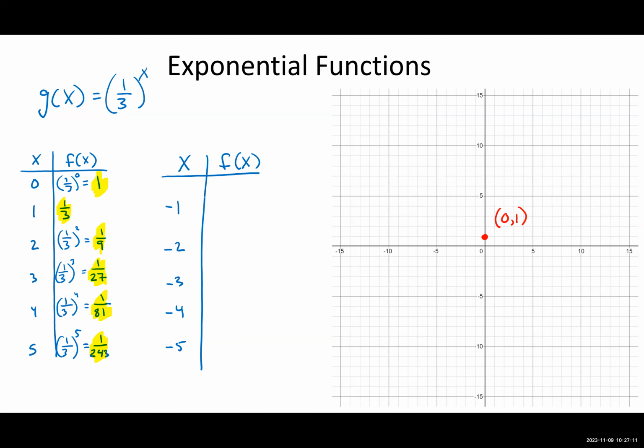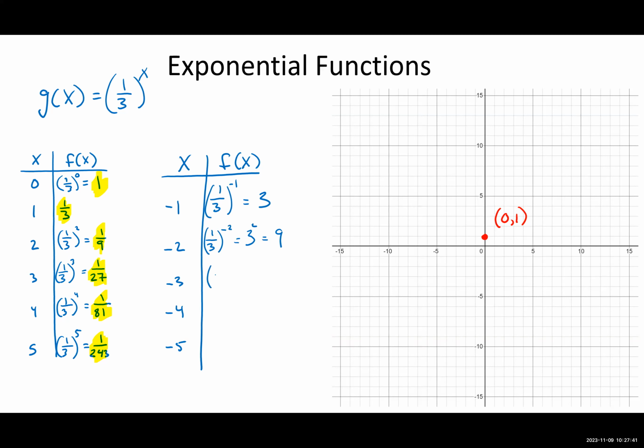Now, when x is -1, we get 1/3 to the negative 1 power. A negative exponent means reciprocal. Right? The reciprocal of 1 over 3 is 3 over 1. When x is negative 2, we get 1/3 to the negative 2, which is the reciprocal, 3 to the positive 2, which is 9.